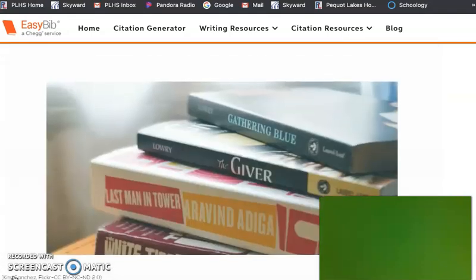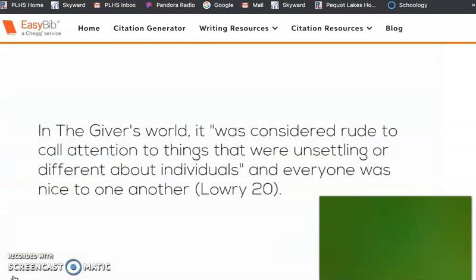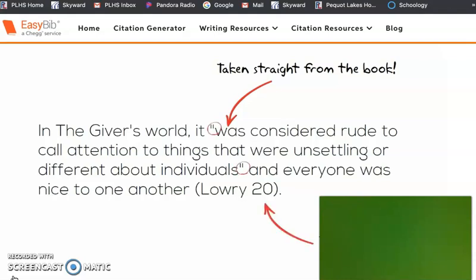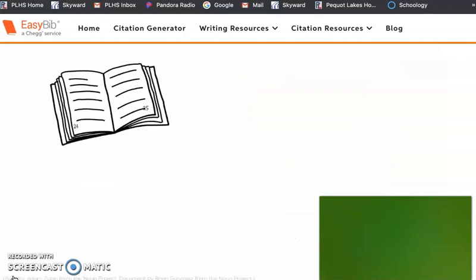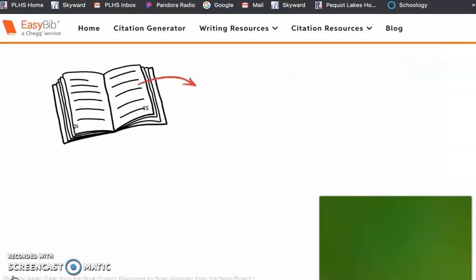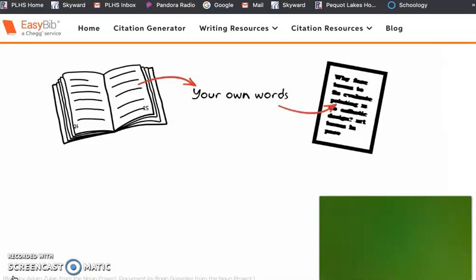Let's say that I found a sentence on page 20 of The Giver by Lois Lowry that explains an important part of the story. If I take all or even just part of the sentence word for word and put it in my paper, I would need to include quotations around it and add an in-text citation, like this. Let's say you want to explain something that happened in The Giver, but you explain it in your own words instead of taking it straight out of the book.